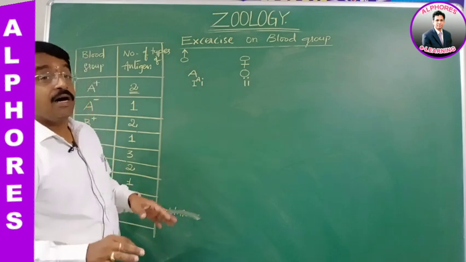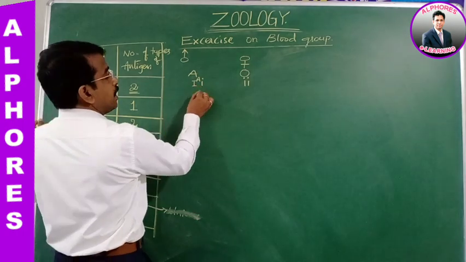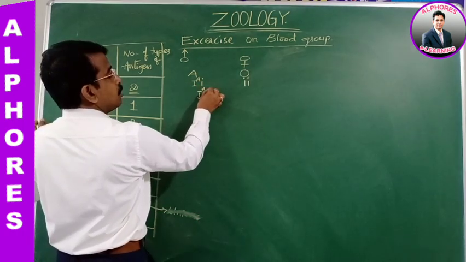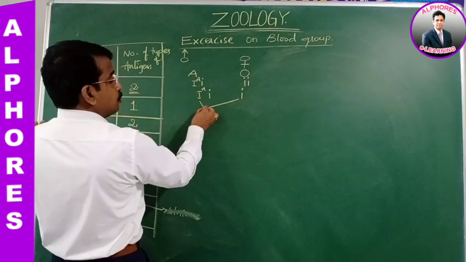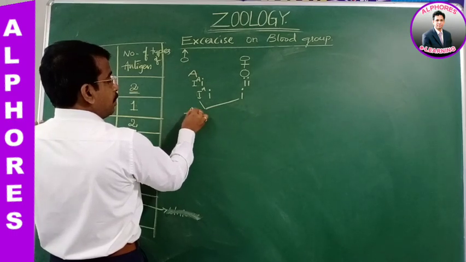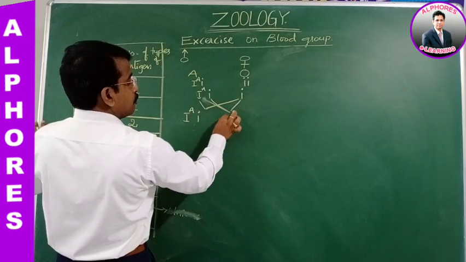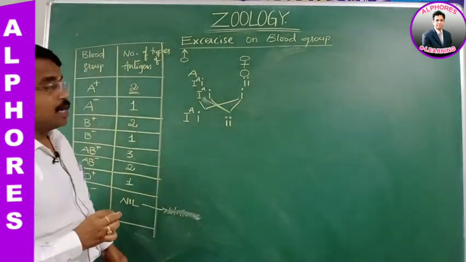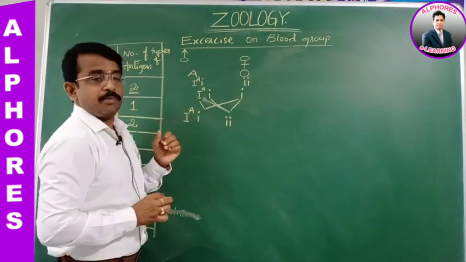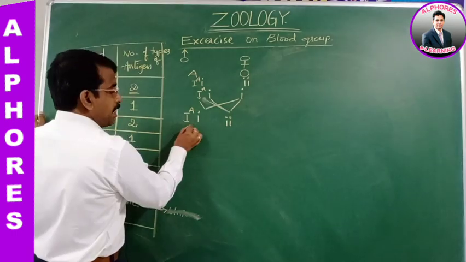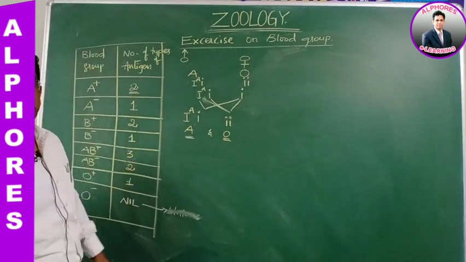If we take a heterozygous, the different possible combinations can be seen. So IA is one allele, IO and IO from the female parent. So we find IA, IO and IO, which means for the blood groups A and O, the possible blood groups are A and O.